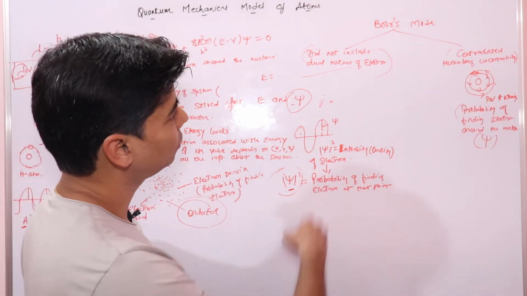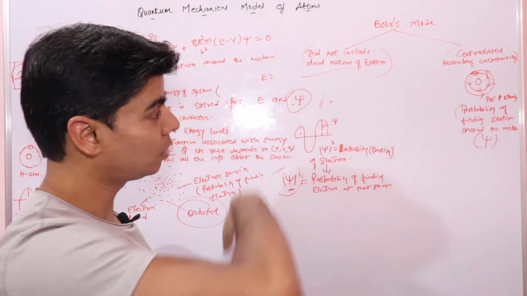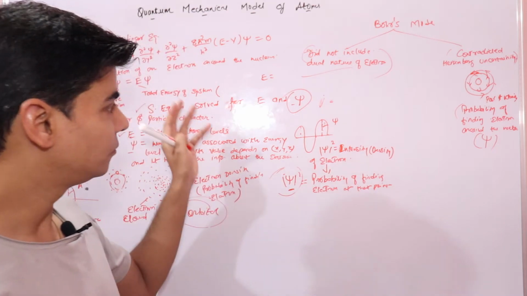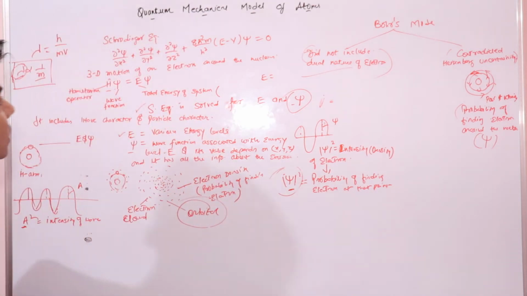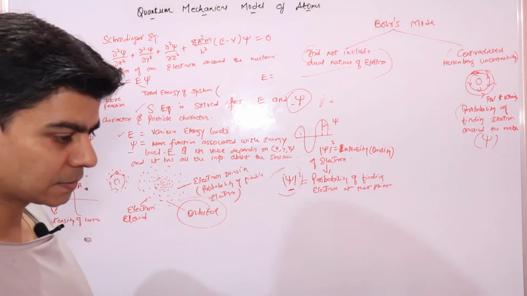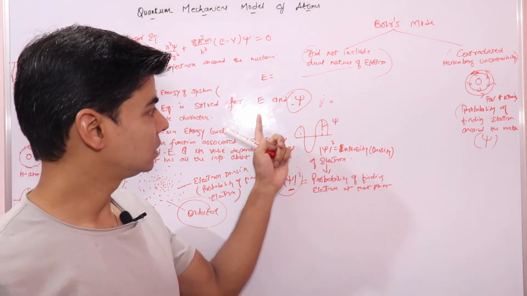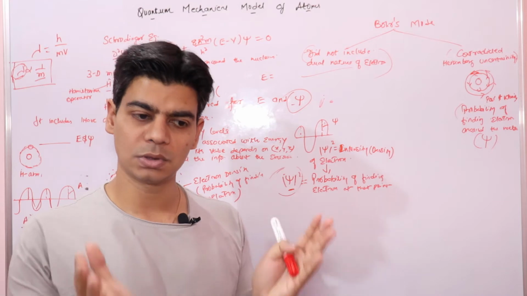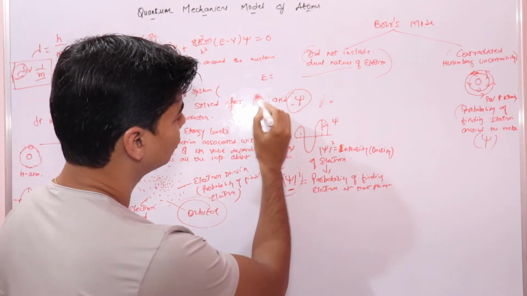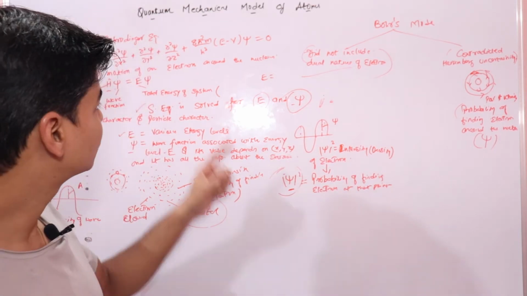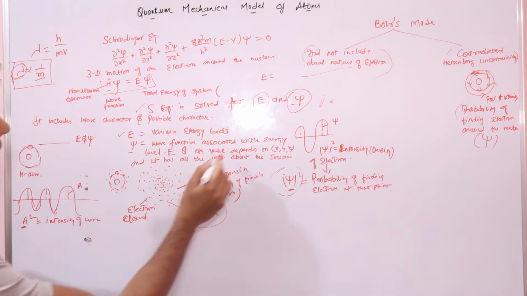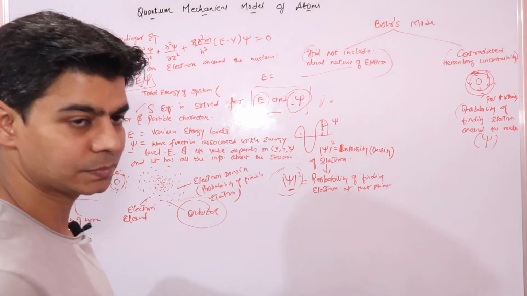And if we talk about the other drawback, the Bohr model did not include the dual nature of matter. But since the beginning of this lecture we are seeing that we are using quantum mechanics to know about the structure of atom, where we find the value of E and psi, right? We solved the Schrodinger wave equation H psi equals E psi to get the value of E and psi, right?